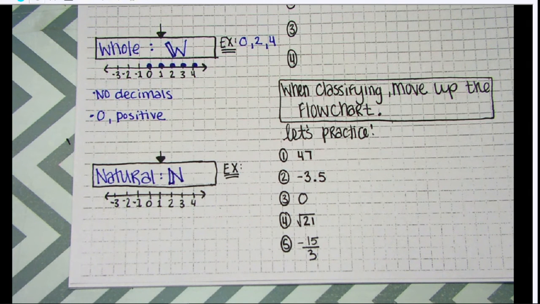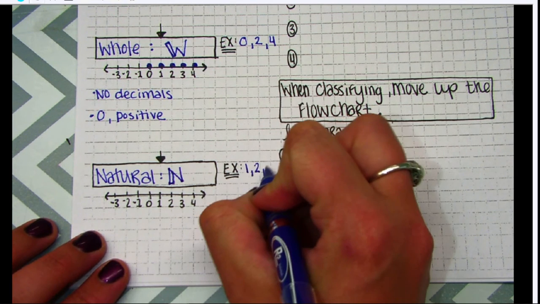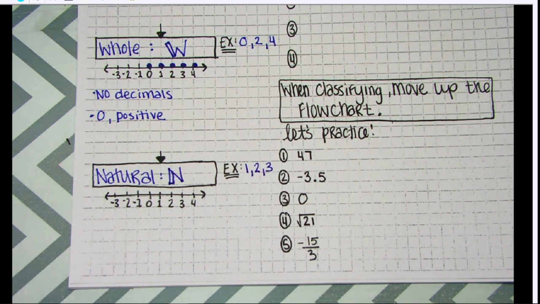All right, where do natural numbers start? 1. Natural numbers are also referred to as what type of numbers? Do not say real. They are whole numbers, but we call these counting numbers. Because if I say count to 10, you start at 1. 1, 2, 3, 4, 5, 6, 7, 8, 9, 10.